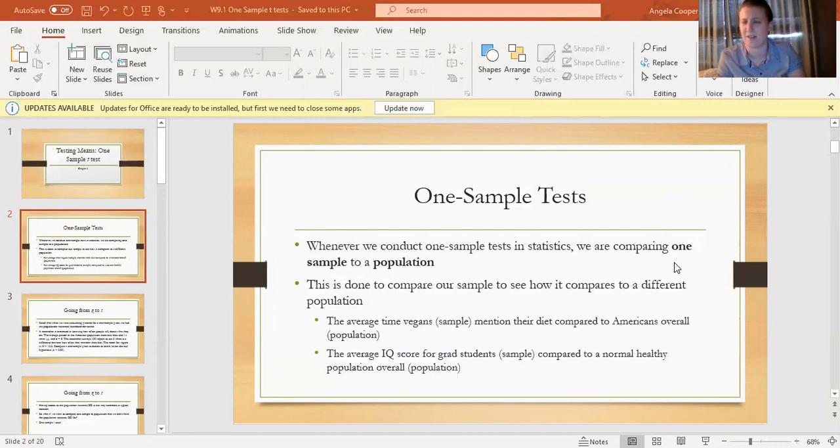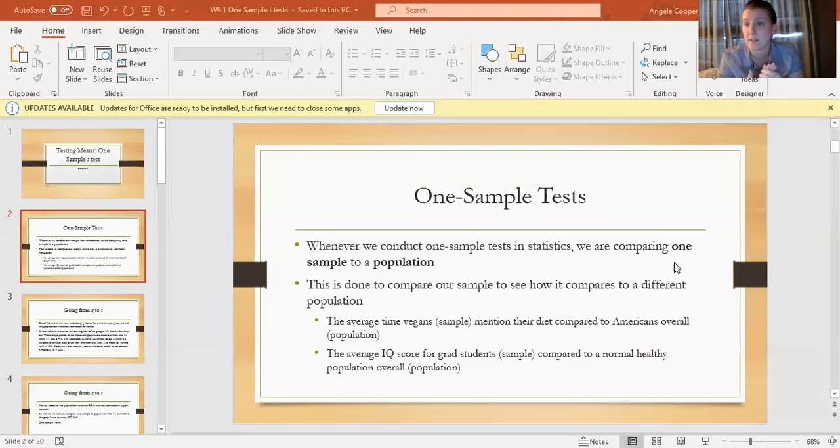We had only the sample average and sample size, and the general American population average and standard deviation, mu and sigma.